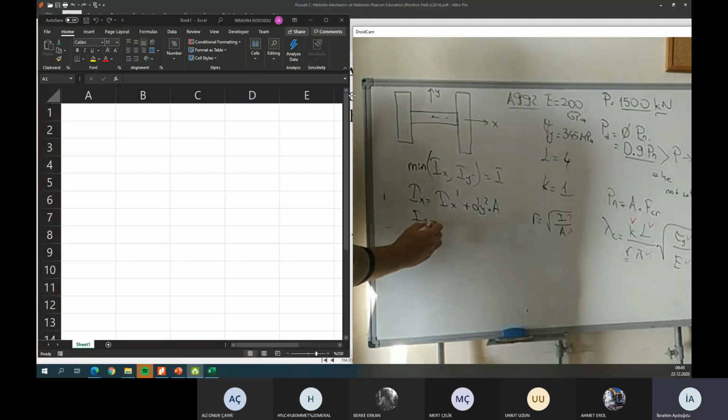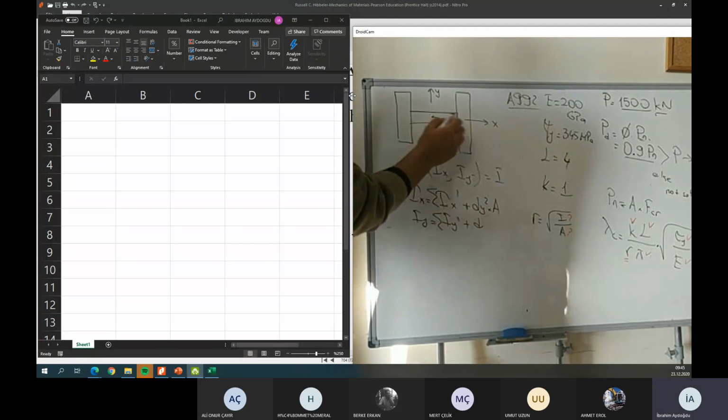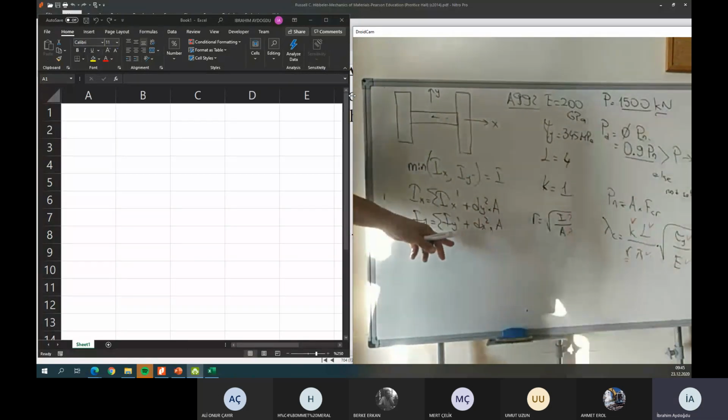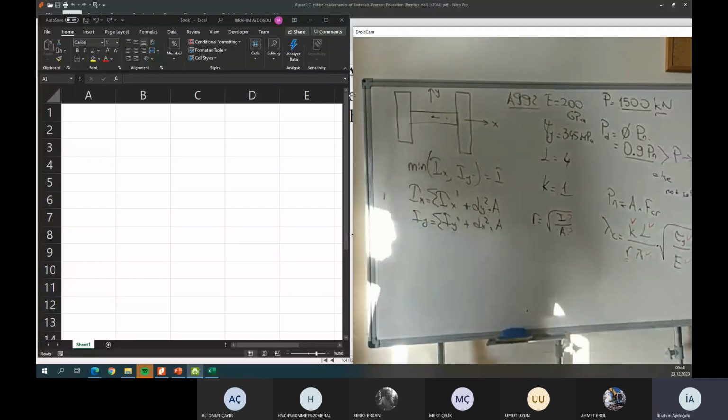Iy is equal to Iy prime plus, also this is the sigma, because we have more than one part, dx squared times area. Parallel axis theorem. Did you remember this one? I think no one can remember.